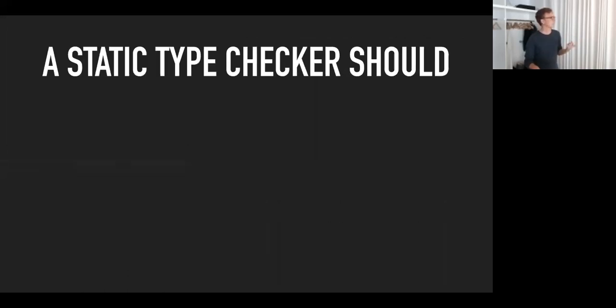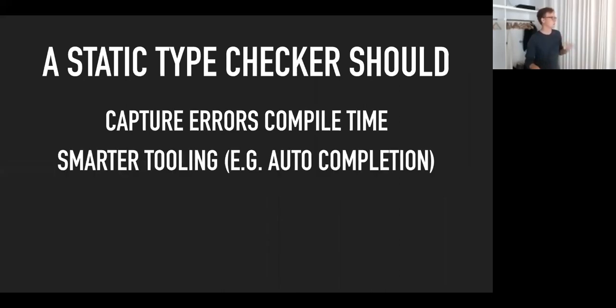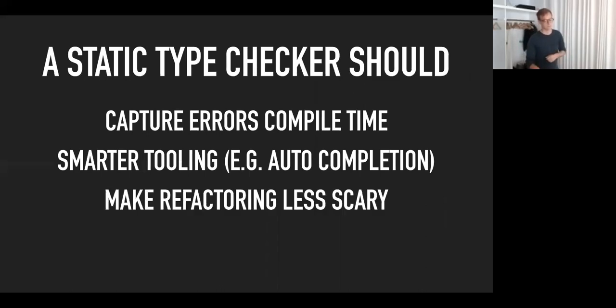A static type checker for me would be something that captures errors at compile time. It would give me smarter tooling like auto-completions in my editors. So instead of state.user.token or token ID or whatever you cannot remember and you need to look it up, that would be able to help you here. And thereby also making refactoring less scary, moving things around.